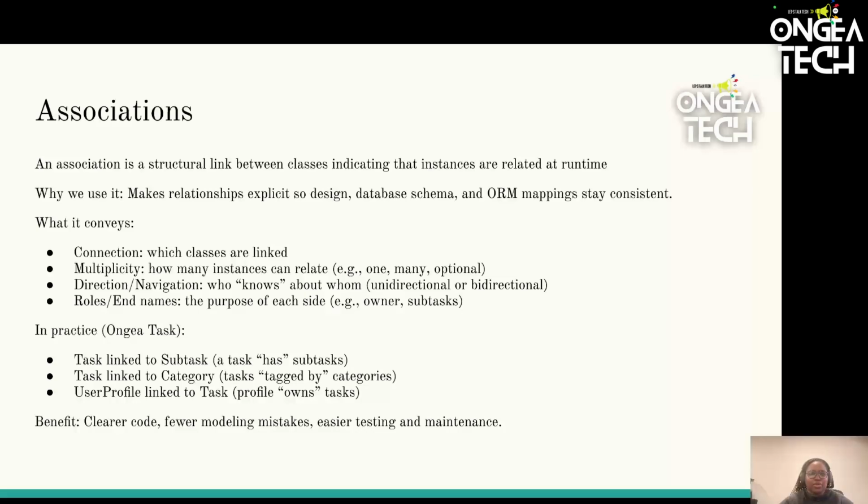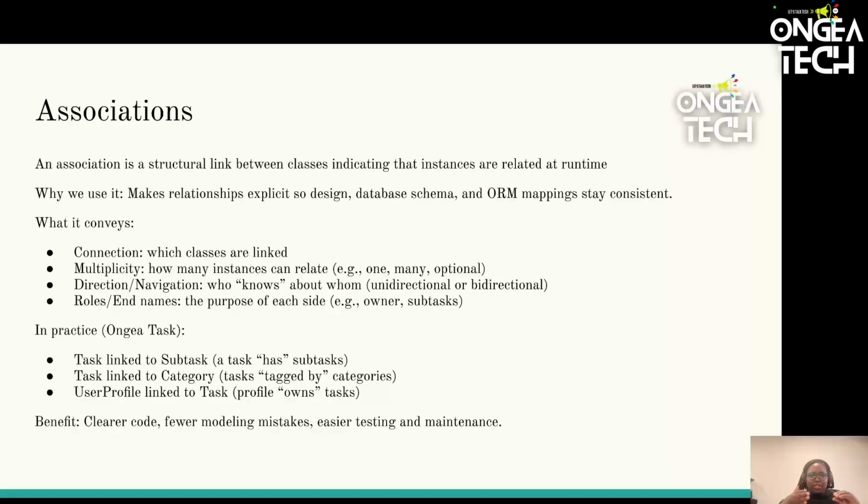And then roles. Roles are helpful, they're not necessary, but they help us understand the relationship a bit more. They're usually put at the ends of the classes. So say under task, you would have the role like parent, and then under subtask, you'll have a role, let's say, like child.